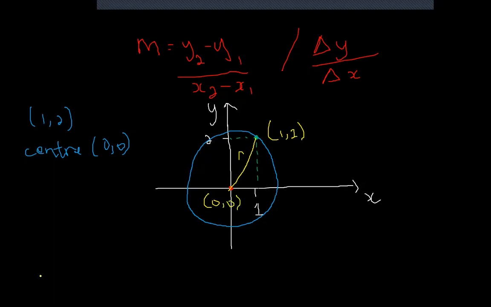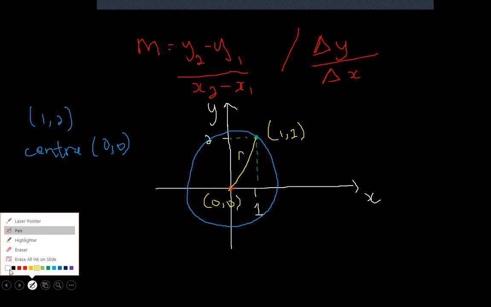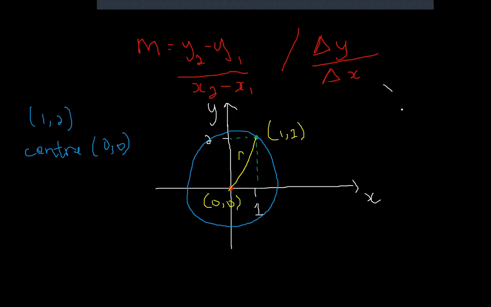Now to use this formula up here to find the gradient. So just substitute your values. Say I want this point to be x1, x2 and y2.